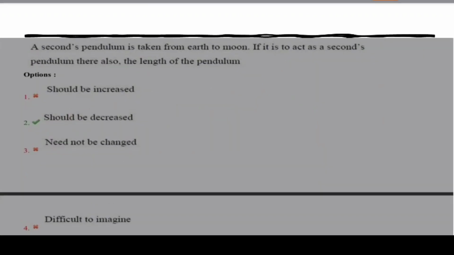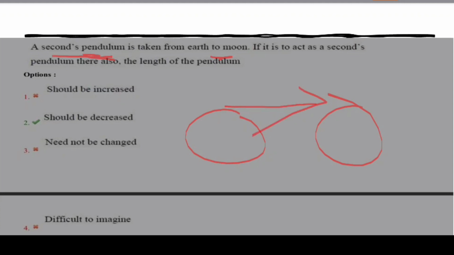Next question. A seconds pendulum is taken from earth to moon. If it is to act as a seconds pendulum there also, the length of the pendulum should be increased or decreased, or need not be changed.